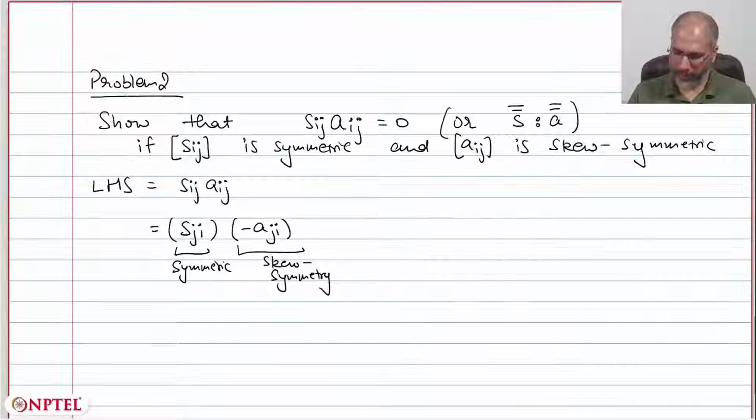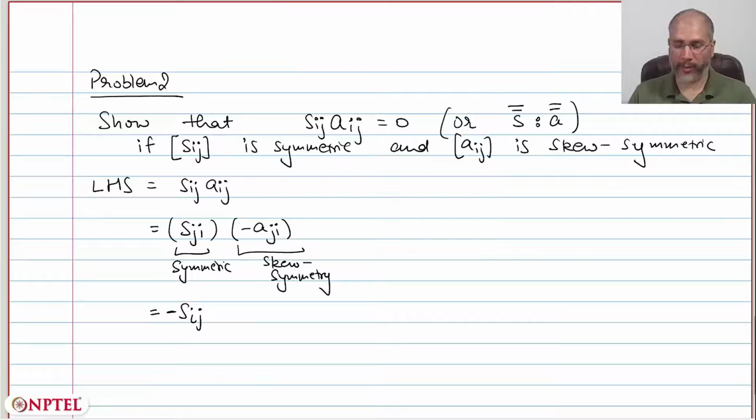Right, and now again we use the same idea that both indices i and j in this expression are dummy or repeated. So they can be replaced with any other index as long as I ensure that the same index gets repeated with the same other index. So what I'll do is I'll replace the j with an i and the i with a j.